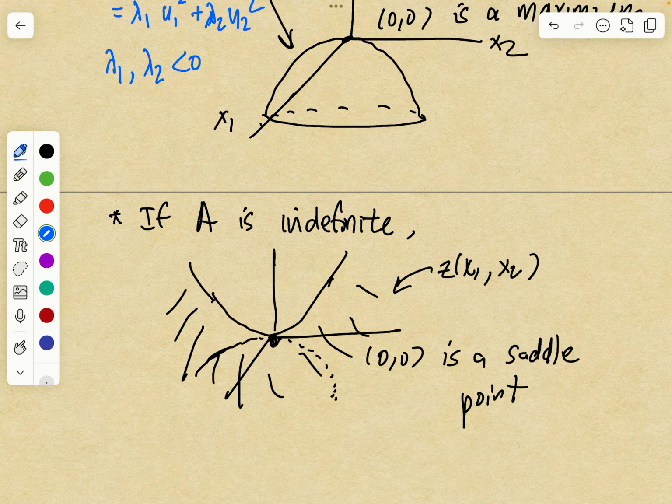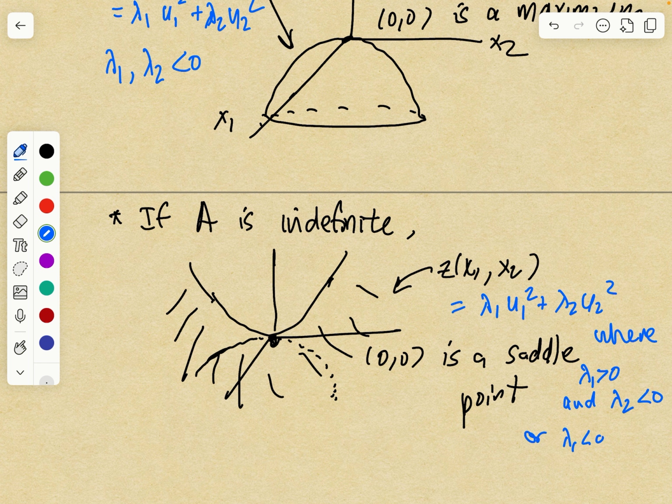And if A is indefinite, then basically you're going to have something of the form lambda 1 u1 squared plus lambda 2 u2 squared, where one lambda is positive and the other lambda is negative. So lambda 1 is positive and lambda 2 is negative, or lambda 1 is negative and lambda 2 is positive.